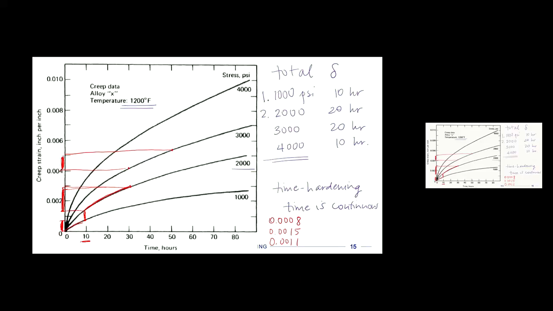So we just go 50 to 60. We come over here. And you can see that the change in the creep strain there that we calculate, the segments are getting smaller and smaller. And so for that one, I calculated 0.0006.